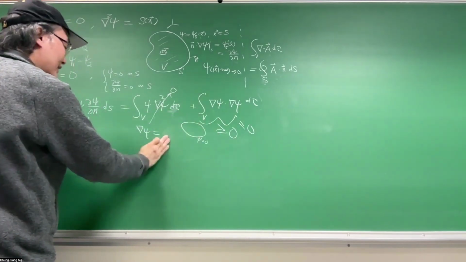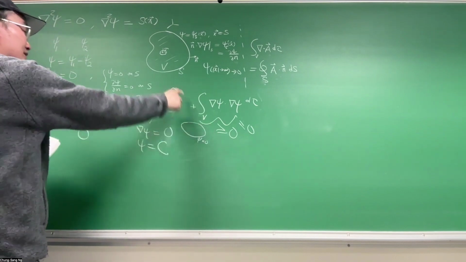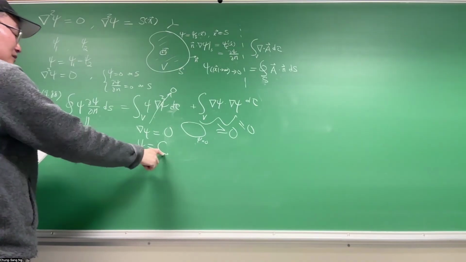As I said, grad psi is zero, so psi must be a constant, but already psi is zero on the surface, so psi must be zero for the Dirichlet problem.